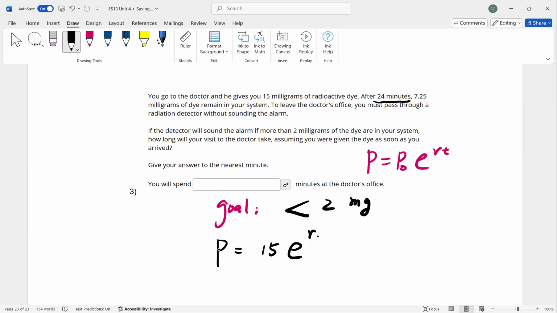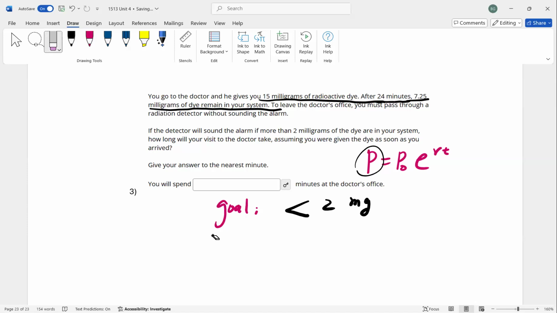How do we understand this piece of information? We do not know r, right? So the first piece of information actually gives us the way to find the value of r. Same as earlier. After 24 minutes, 7.25. That's the P, okay? Let me write a formula.